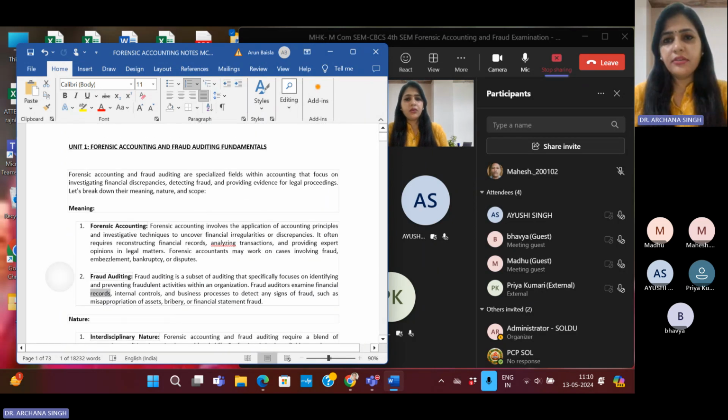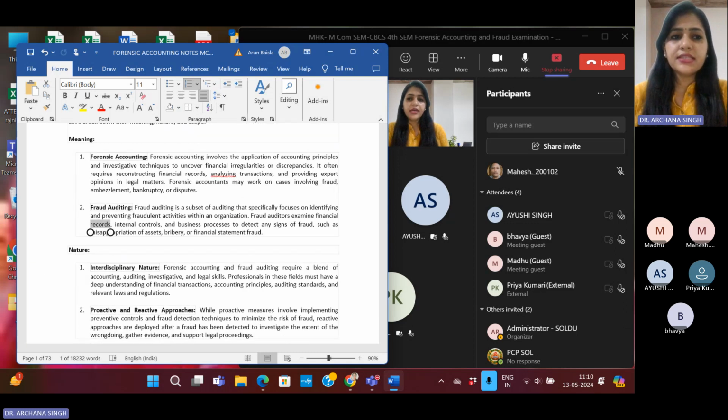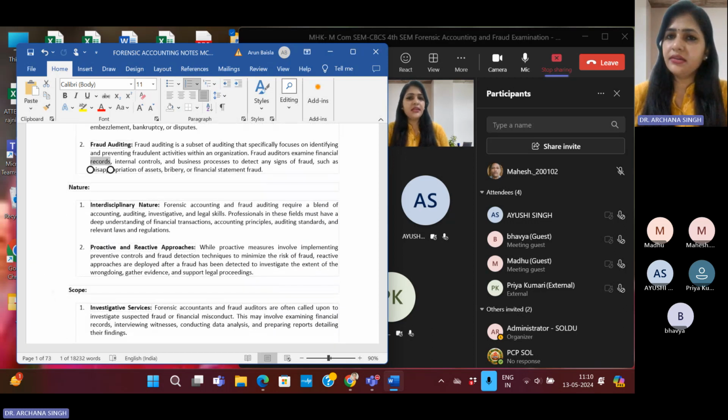So for forensic accounting and fraud auditing, you have to know the basic meaning of both terms. Now if I talk about the nature, it is interdisciplinary. Why? Forensic accounting and fraud auditing require a blend of accounting, auditing, investigating and legal skills.